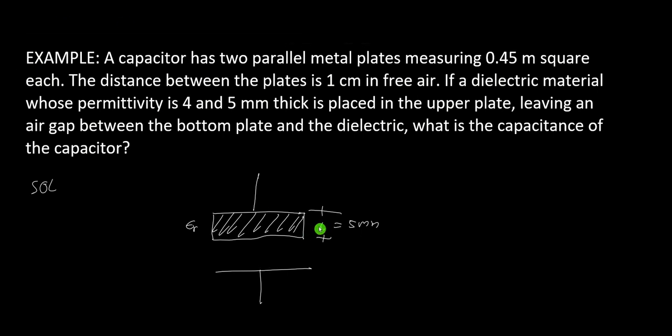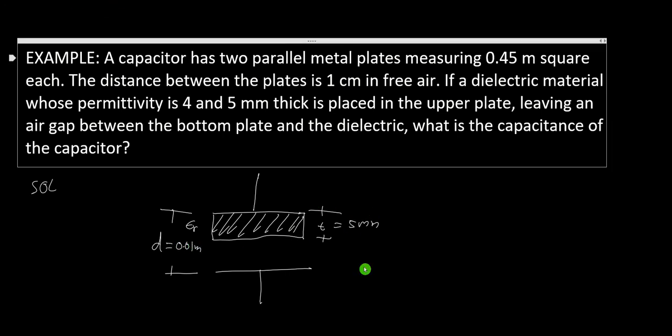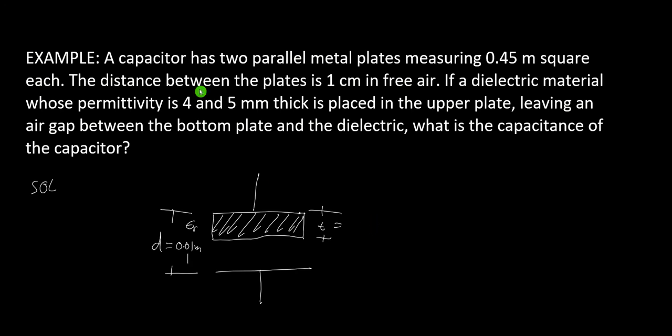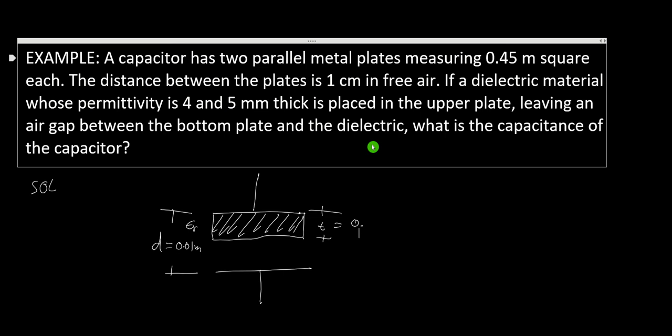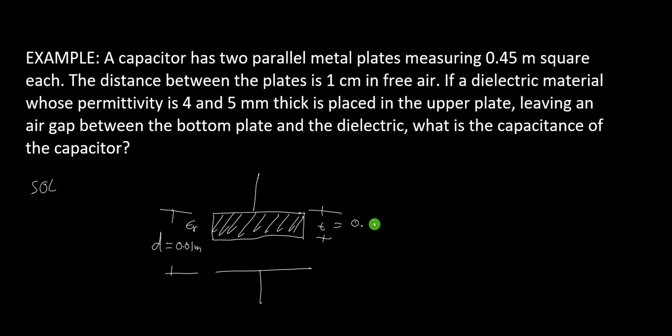Instead of D, let's make this one T, and let's make the distance between the two plates D, which is equal to 1 centimeter, that is 0.01 meters. Let's make it all in terms of meters so that our units are consistent. That's 5 millimeters, so 0.005 in terms of meters, because our area is 0.45 square meter.